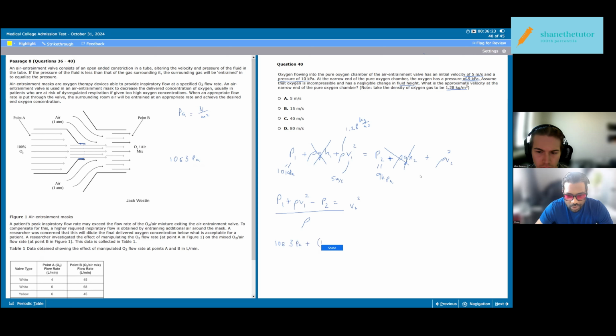So this is the 1.28 kilograms per cubic meter times the 5 meters per second squared minus the... I guess I could have just done 10 minus 9.1 and then 1E3. We could just erase the 10 and put 1.